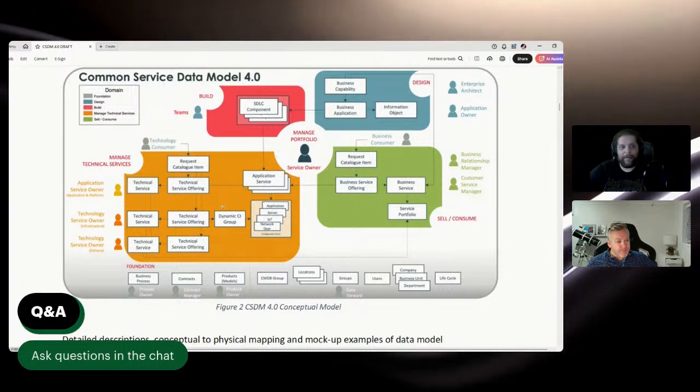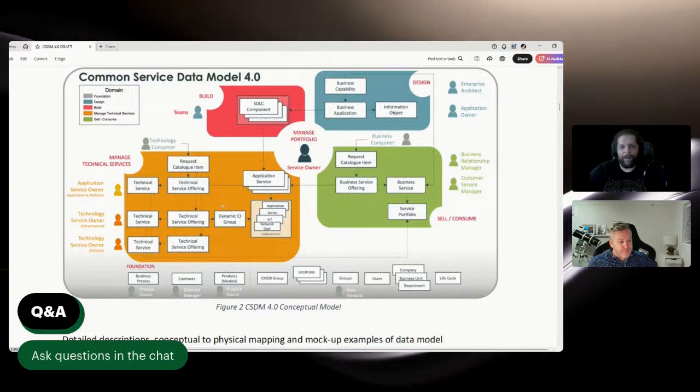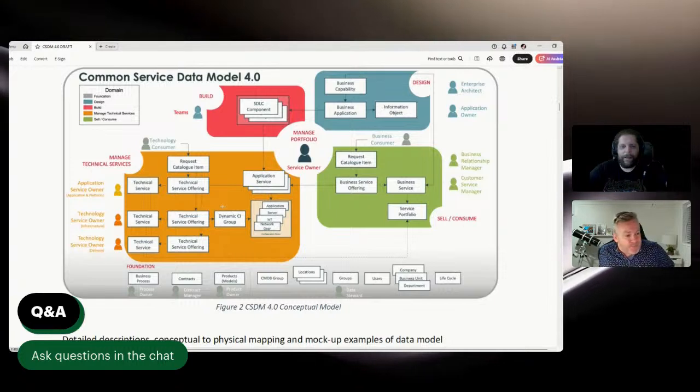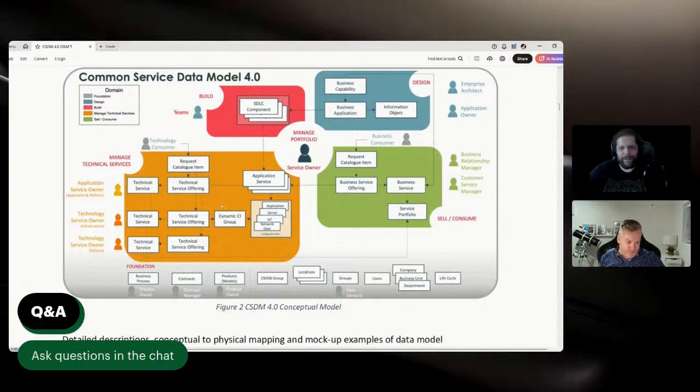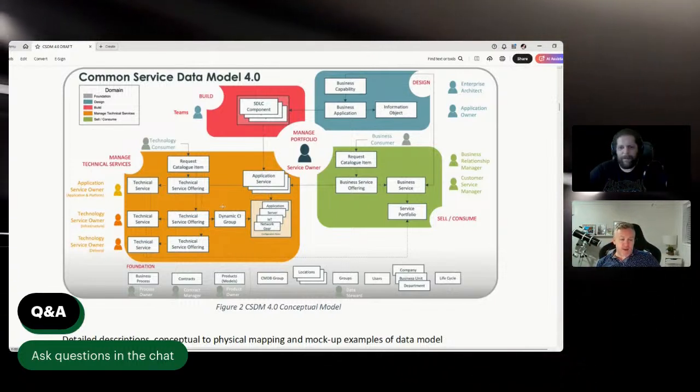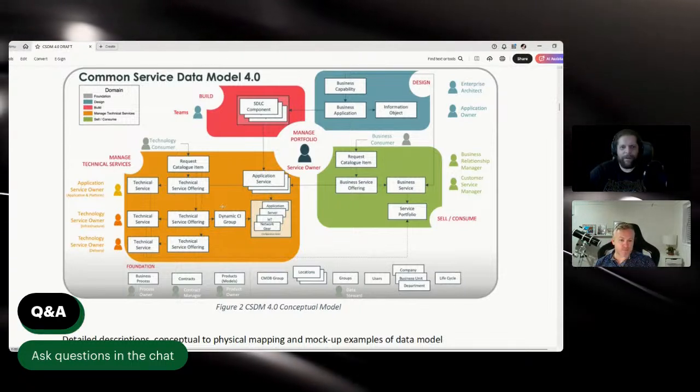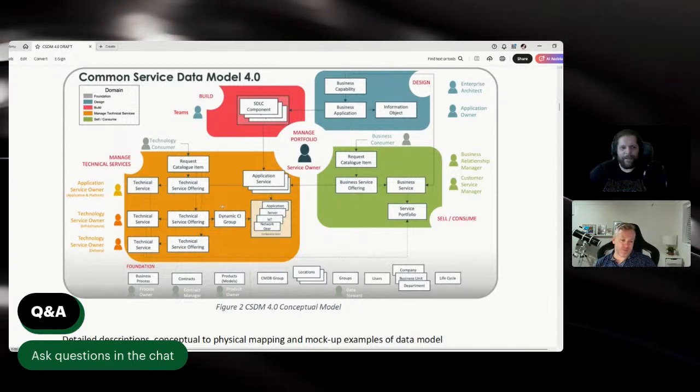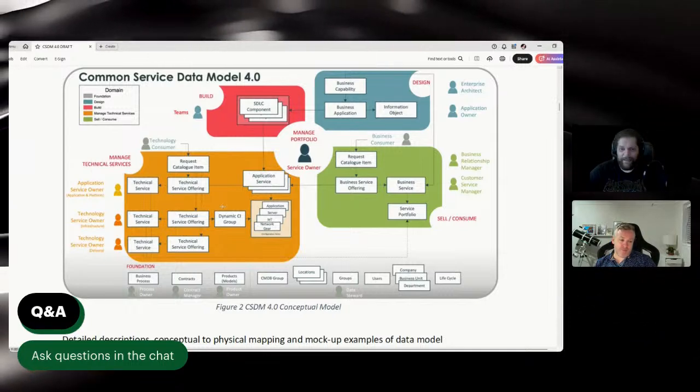I agree, and this is one of the issues that I've seen in every CSDM project: the time commitment that you have to have to actually classify and collect the data.